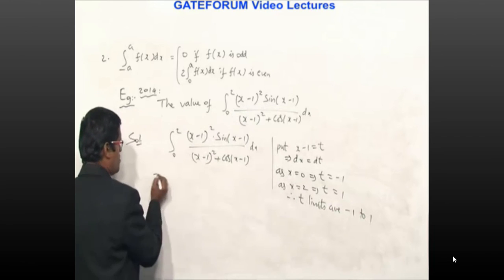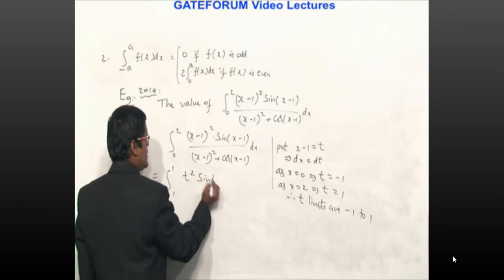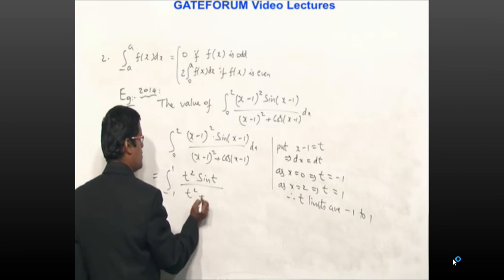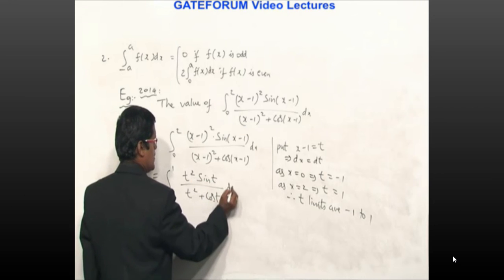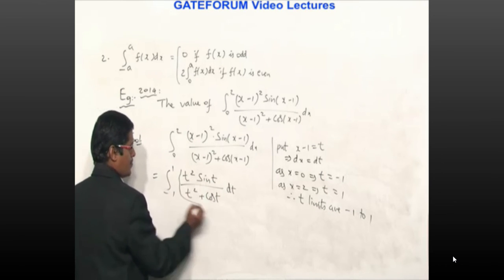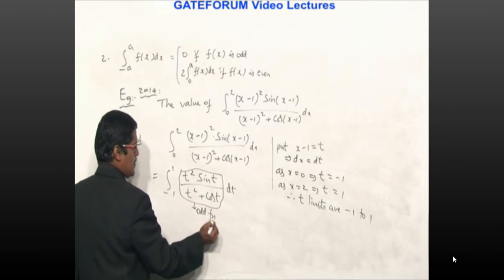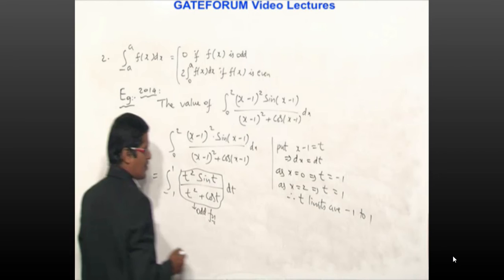Now come back to this step. So integral minus 1 to 1 of t square sin t divided by t square plus cos t. Now this function is an odd function. Why? Sin is an odd function, t square is an even function.